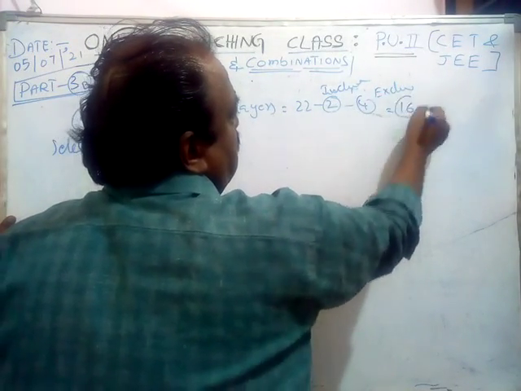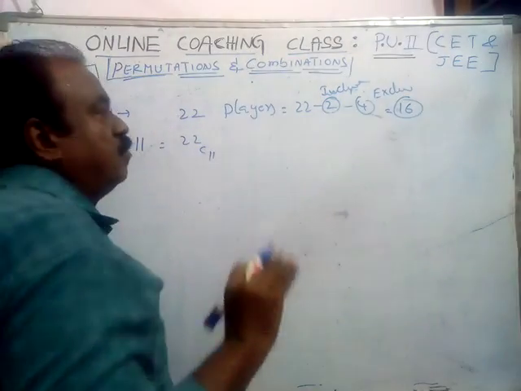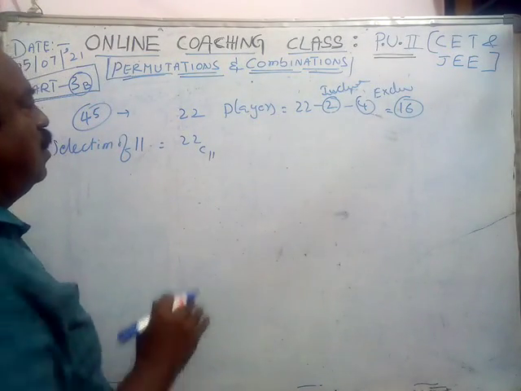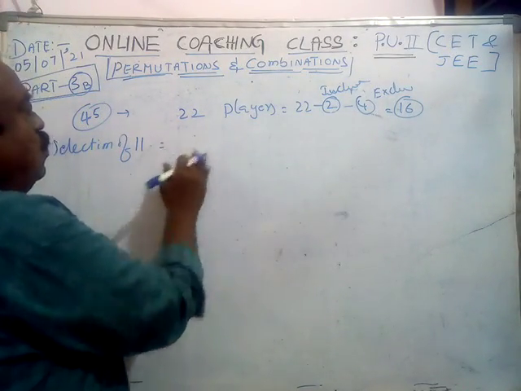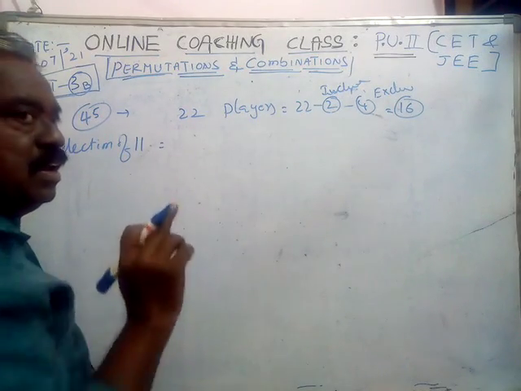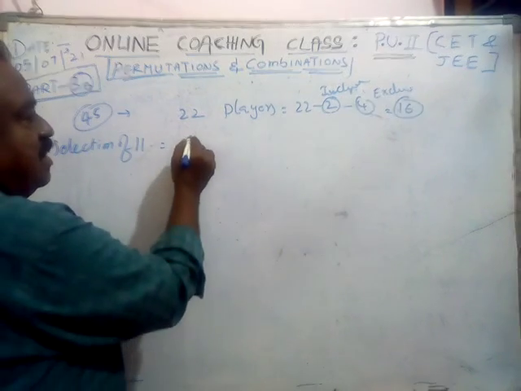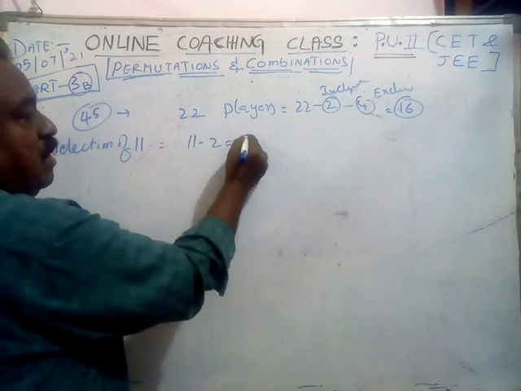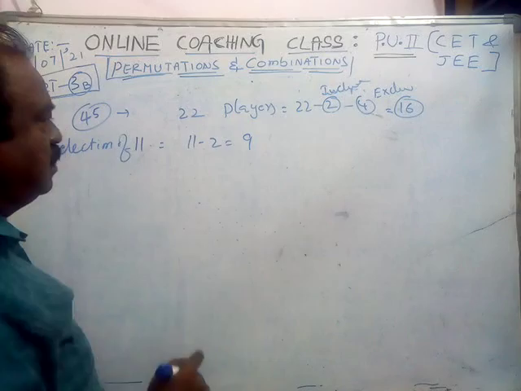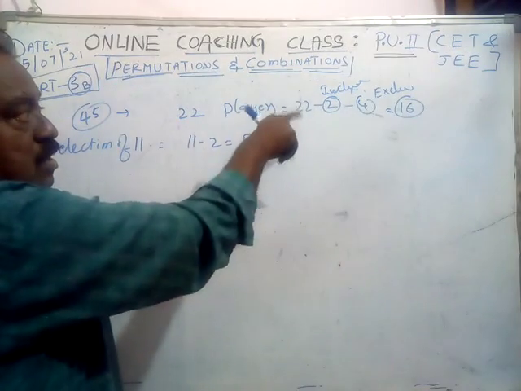How much is it? 16 students are there now. Out of 16, you have to select not 11 but 11 minus 2, 9 students, because those 2 particular ones must be included.